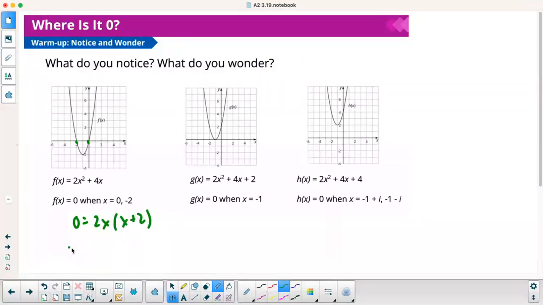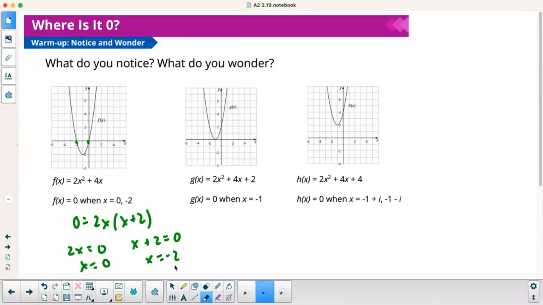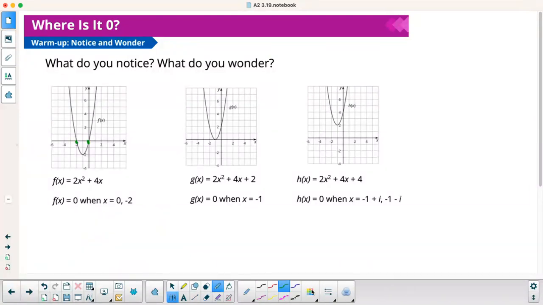Then if I set each factor equal to 0 and divide by 2, I get x equals 0 and x equals -2. So you get the same values. You could go with the quadratic formula also. All kinds of stuff there. Let's erase and go on to the next one.